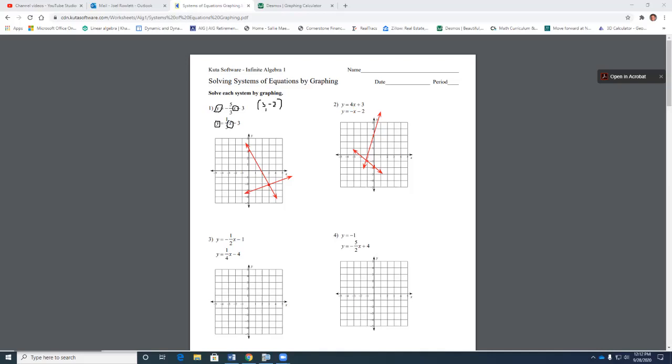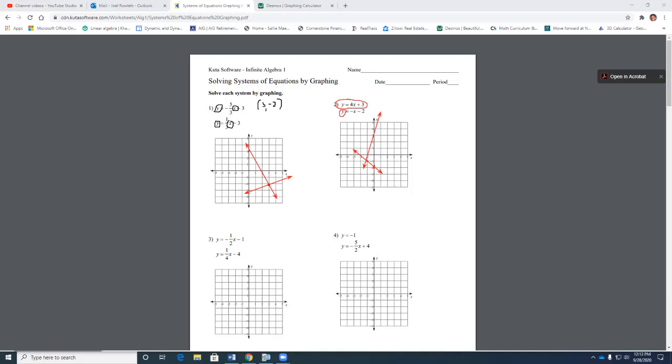So let's use substitution. This equation here says that y is equal to 4x plus 3. And the second equation says that y is equal to negative x minus 2. Well, if y is equal to 4x plus 3, I'm going to plug in 4x plus 3 in place of this y.